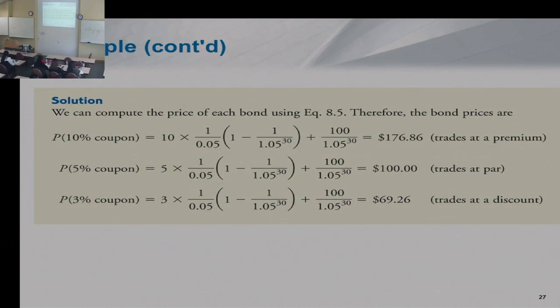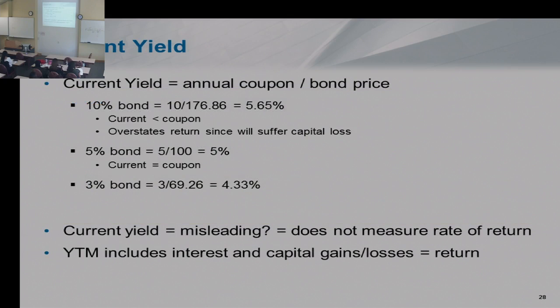To solve the yield to maturity equation for y, if you didn't have a sophisticated graphics calculator or a financial calculator, you'd have to do logs and take two pages of working. So this running current yield is just a misleading term, and you've got to be very careful if you're working with it.